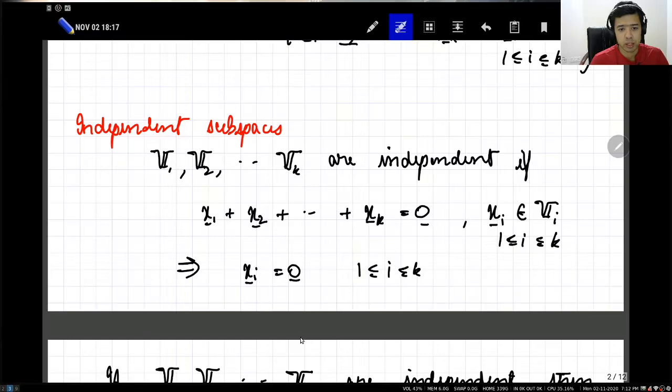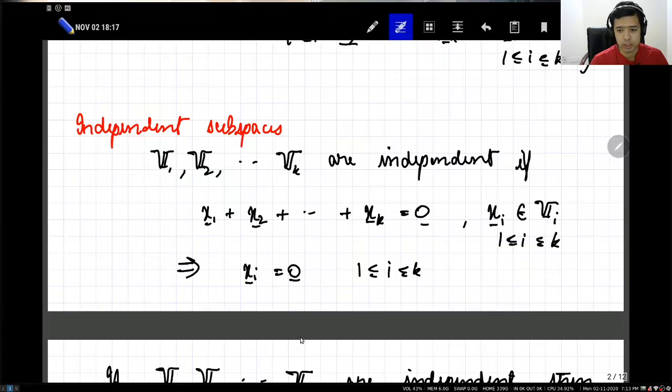Given a collection of subspaces of a vector space, I'll say that they're independent if I take vectors x1, x2 up to xk, where each xi comes from Vi, and x1 plus x2 plus x3 and so on up to xk equals 0, then this can happen only if each xi is equal to 0.